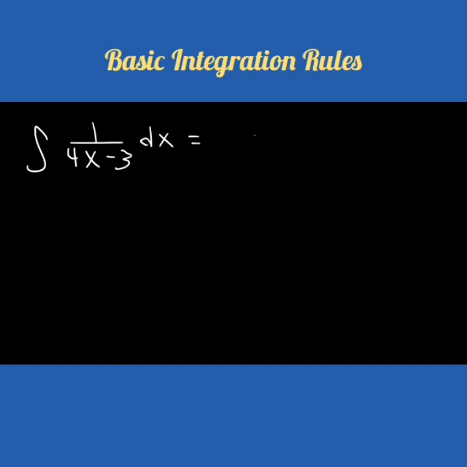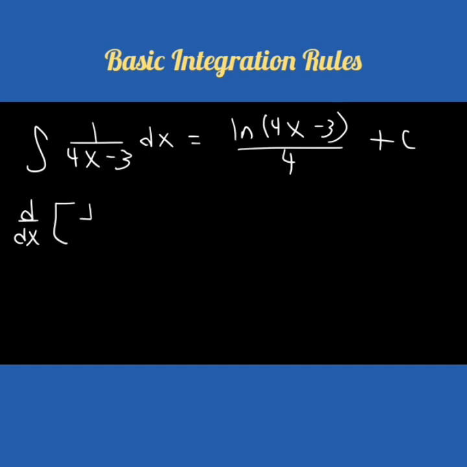So, ito magiging the natural log of 4x minus 3 over the derivative of 4x minus 3, which is 4, plus c. So, let's try to differentiate ln of 4x minus 3 over 4 plus c. If we will get the answer 1 over 4x minus 3 dx. Ayan.